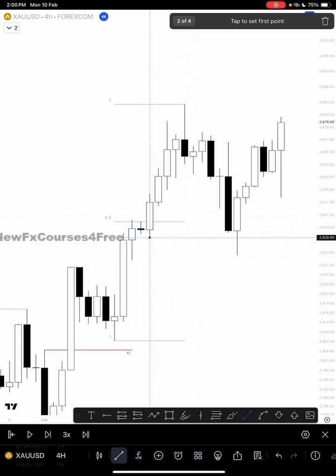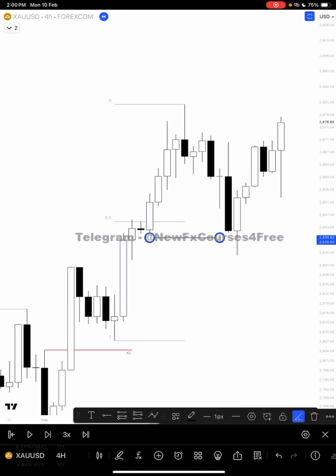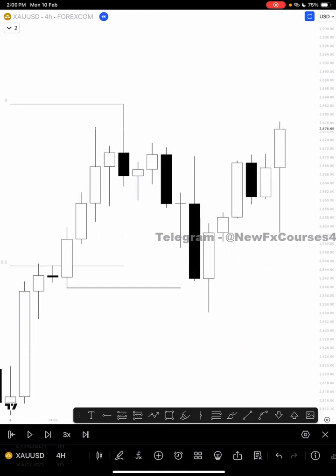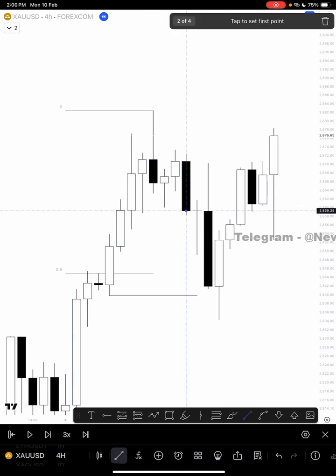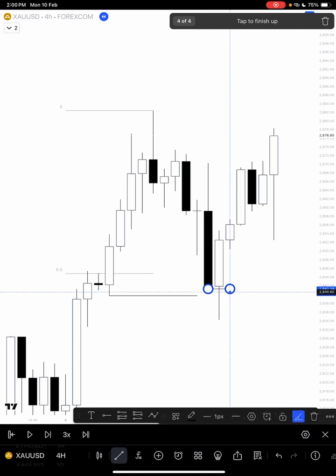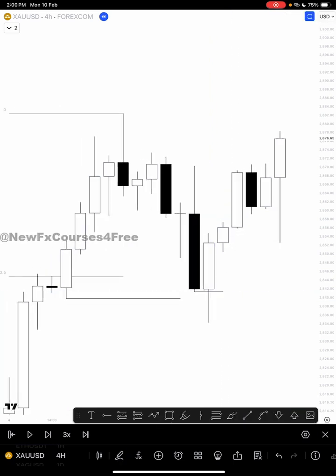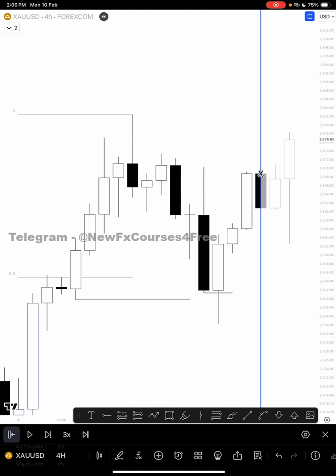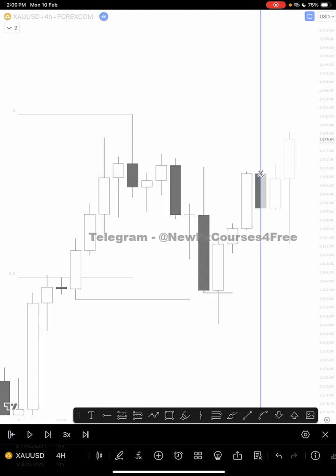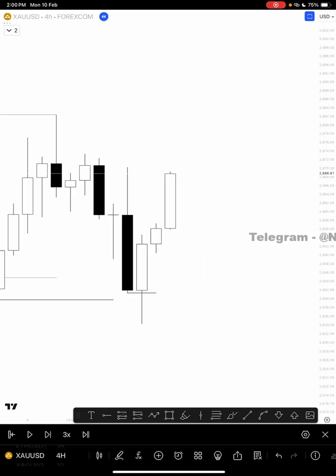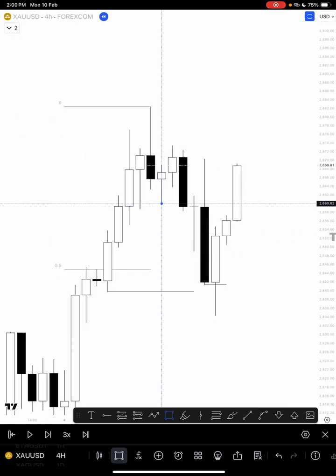And the market swept this low with this move, and you got your candle range here, and this move downward is actually your manipulation profile here.